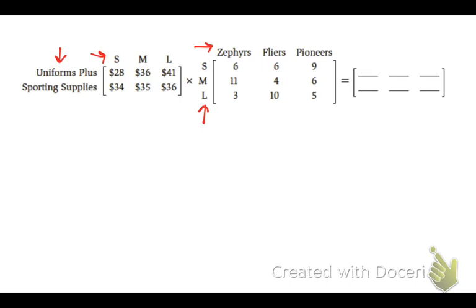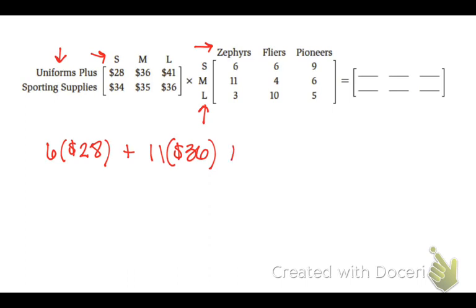So if I was just going to calculate without using matrices, I would say, well, I need 6 uniforms at $28 for everybody that needs a size small. And then I'm going to add that to the 11 uniforms that I need in a size medium. Those are going to cost me $36 a piece.